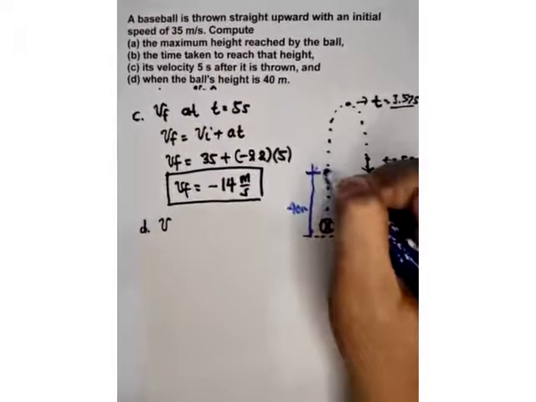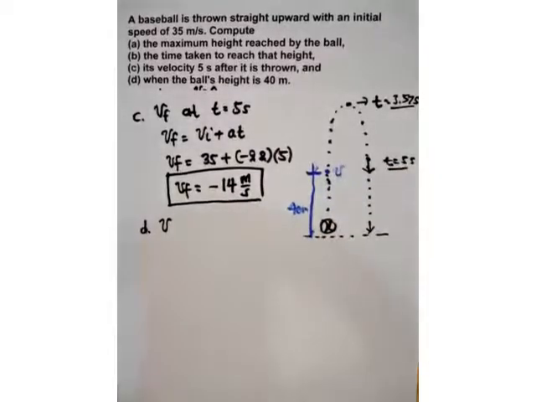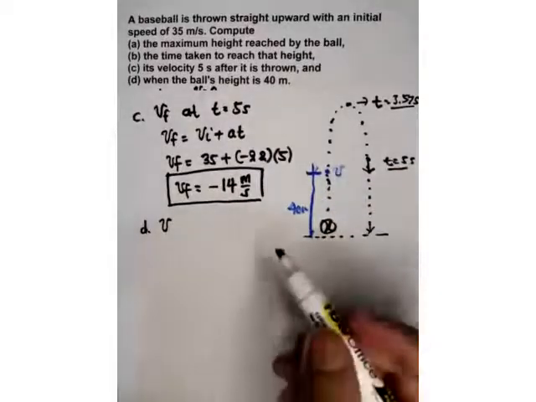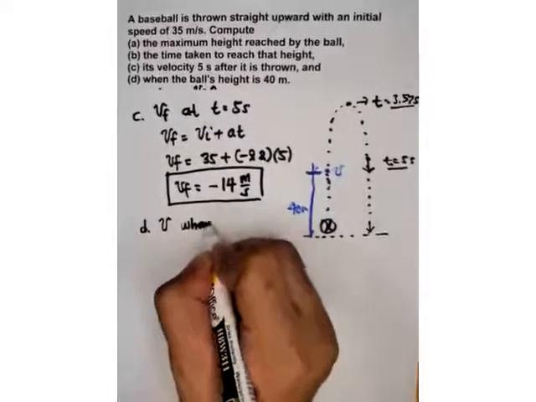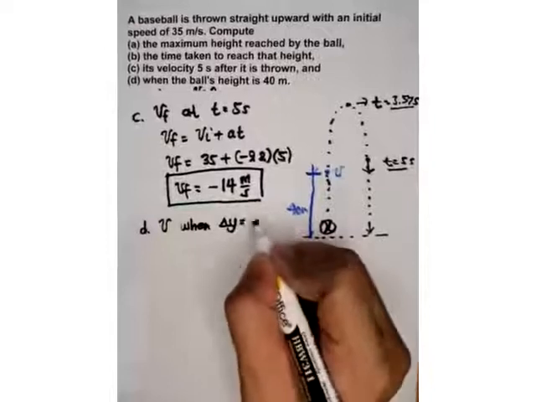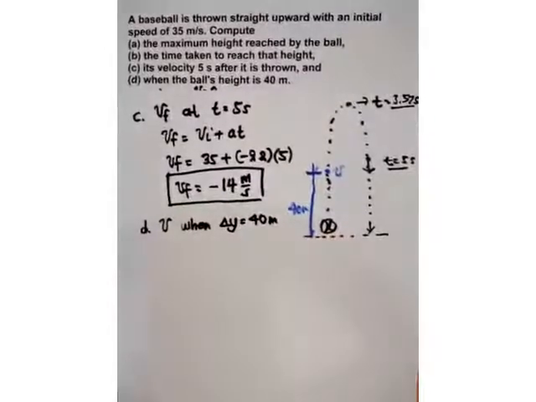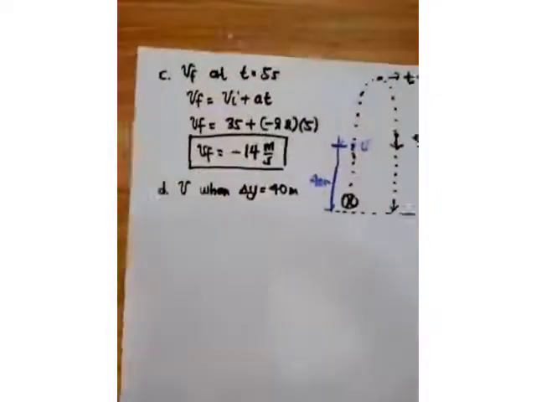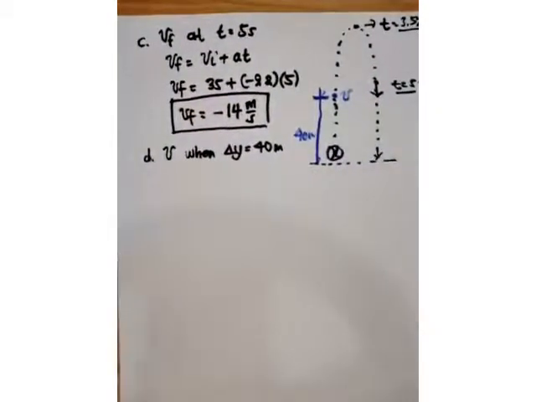Nung na-reach na yung 40 meters na yan, ano yung kanyang velocity? Since pataas siya, what is the velocity when delta y is equal to 40 meters?